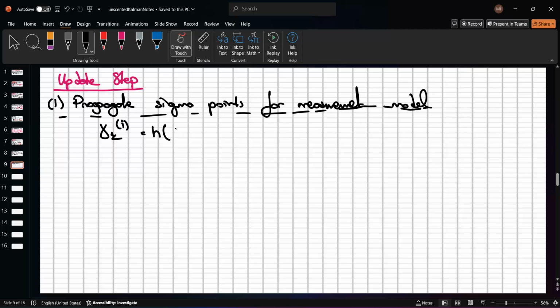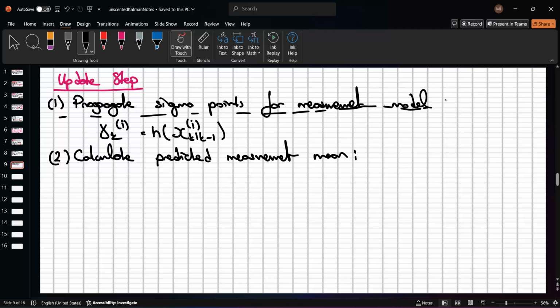H of chi k|k-1 i can be written just like this one, because the h can be nonlinear in here. Okay. So after that we need to calculate the predicted measurement mean.